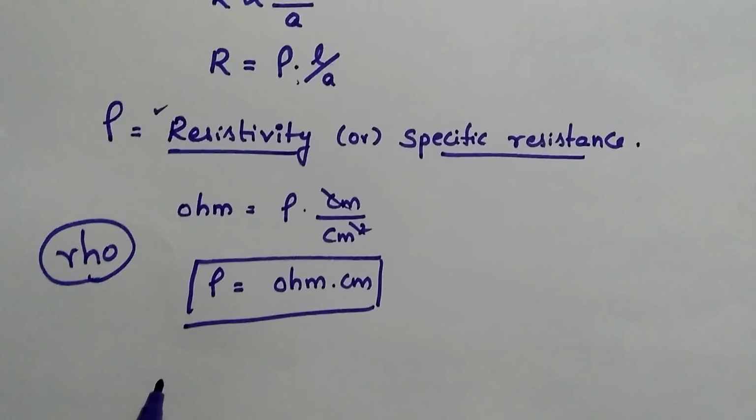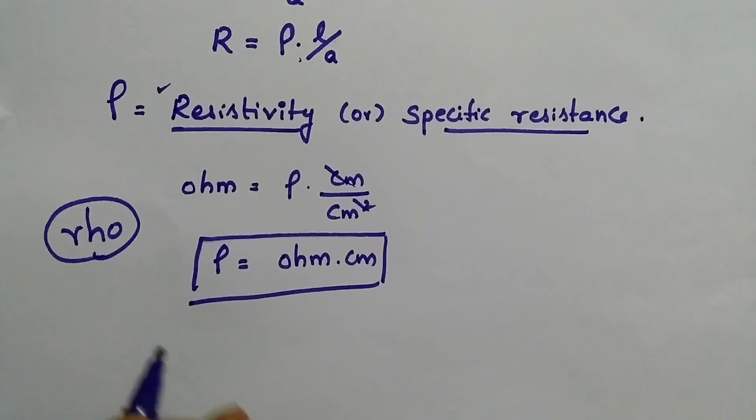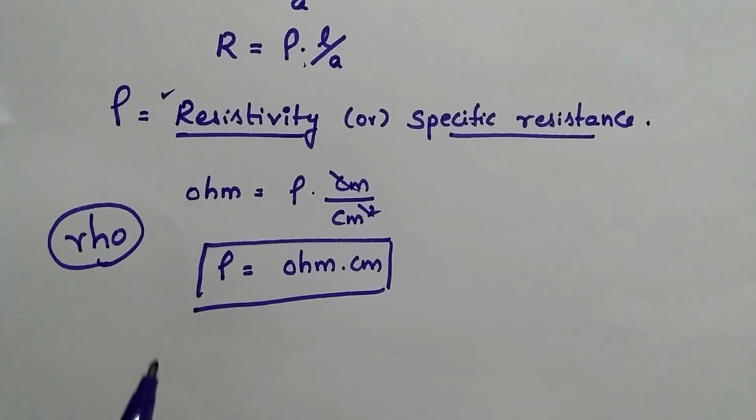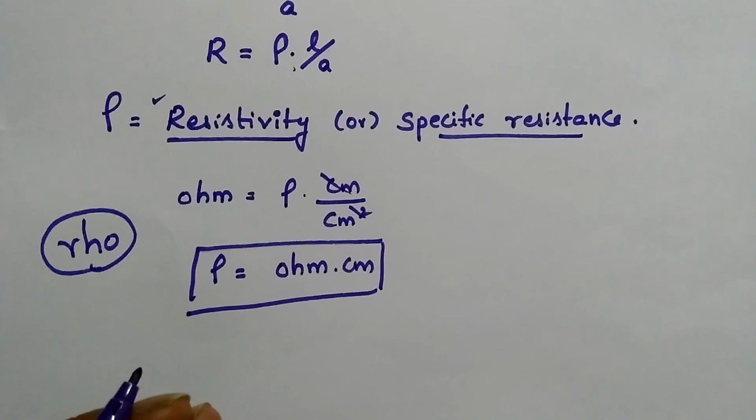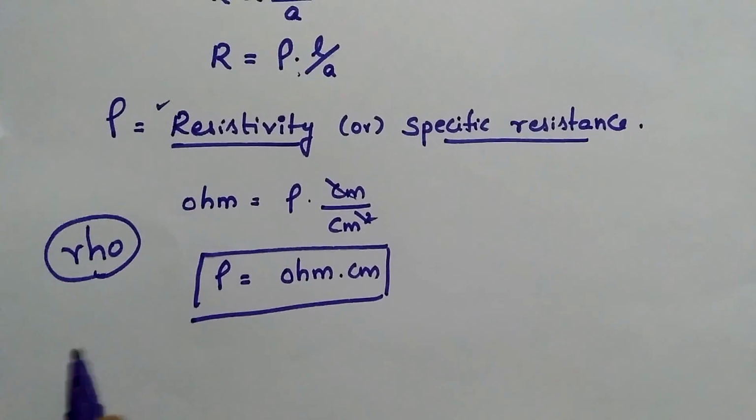And we know that conductance is inversely proportional to the resistance. The more the resistance, the less the conductance. Less conductance means more resistivity.